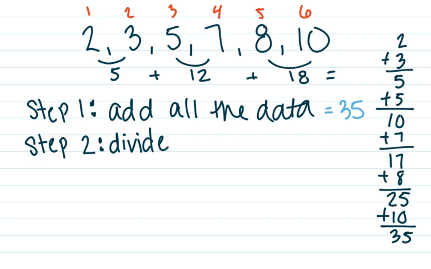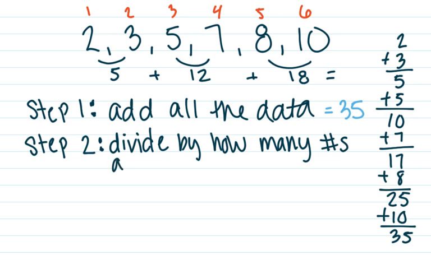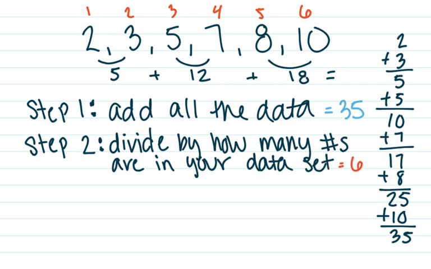Step 2 is divide by how many numbers are in your data set. For this one, that number is 6. So the last problem I have to solve is my 35 divided by 6.